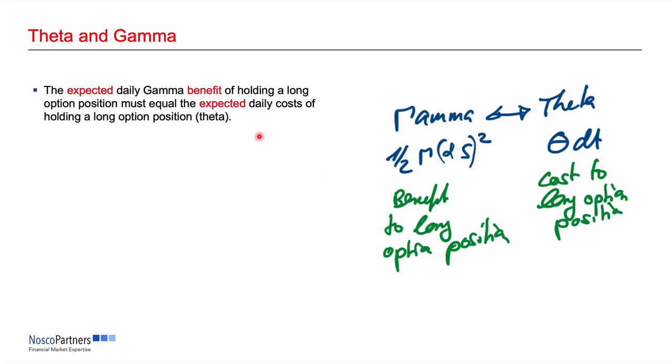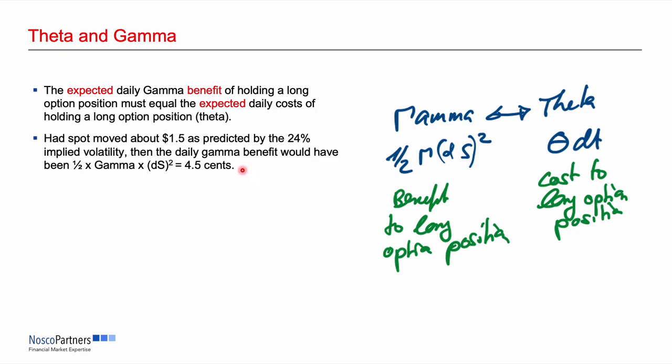We can estimate this daily option decay by assuming that the underlying moves on the implied volatility of 24%. Because if the underlying moves as described by the implied volatility, then the benefit from being long gamma would be offset by the theta decay.